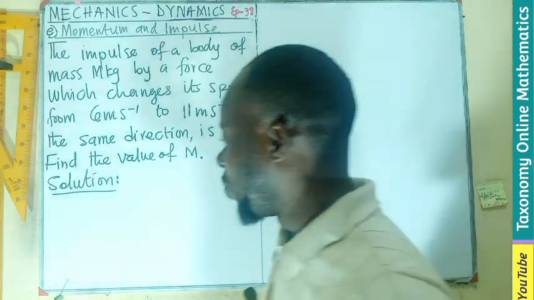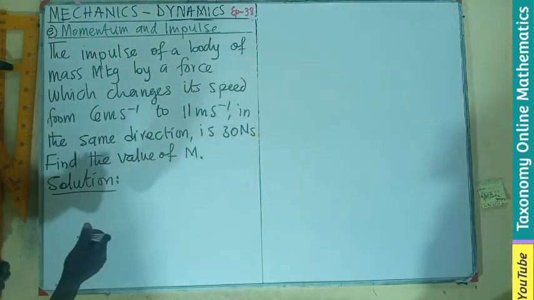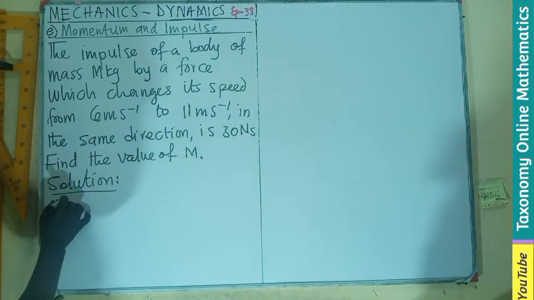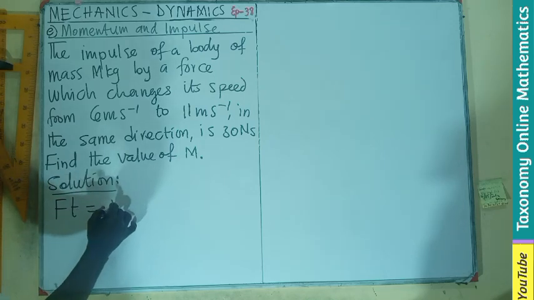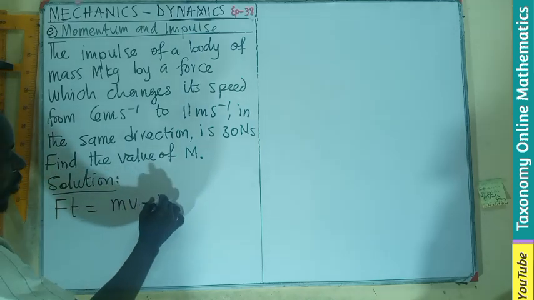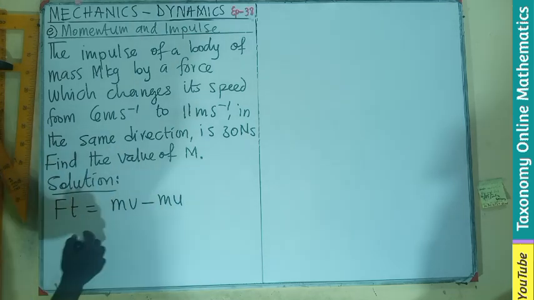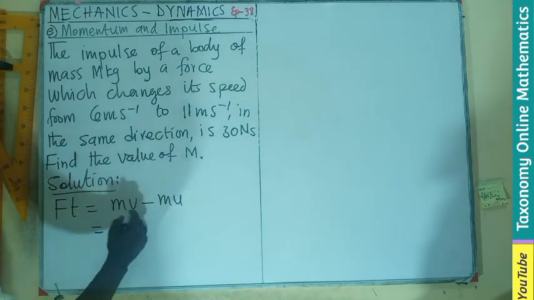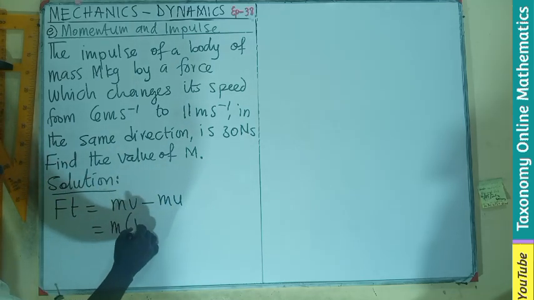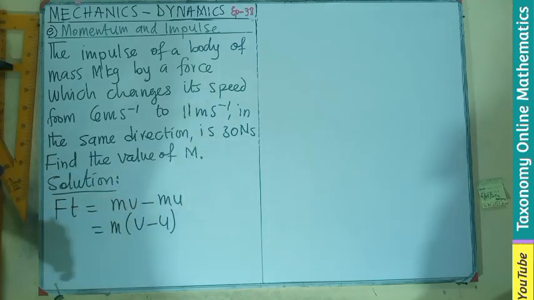If I'm looking for impulse, what we can remember is that impulse equals the change in momentum, which can be rewritten as mv minus mu.